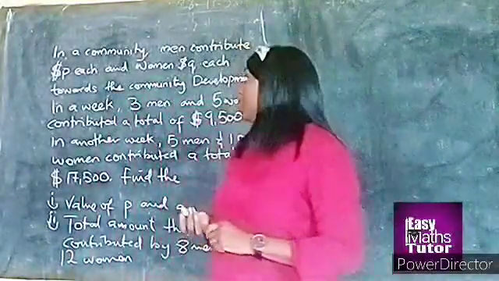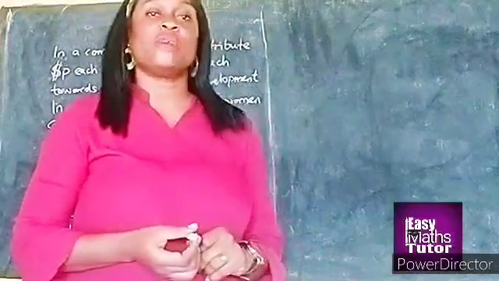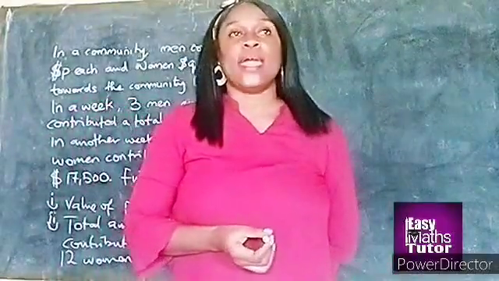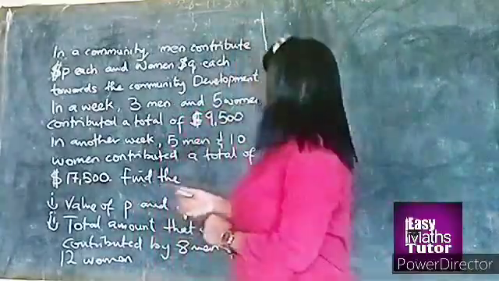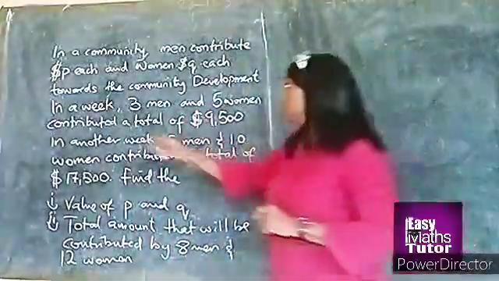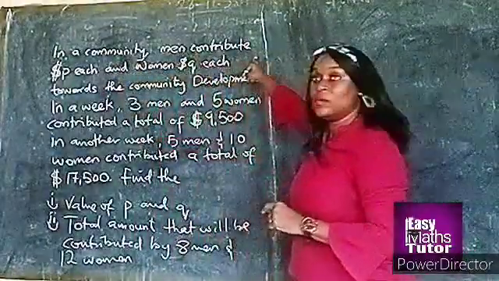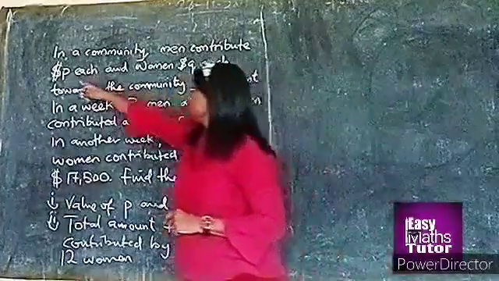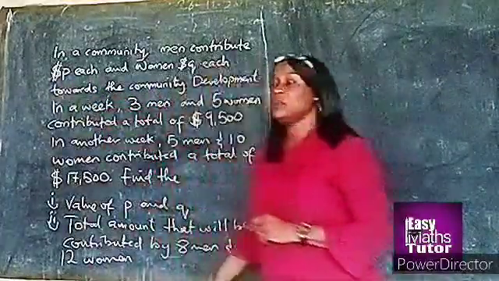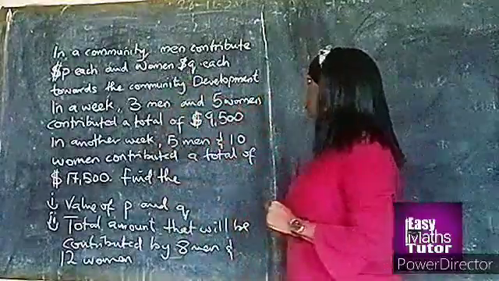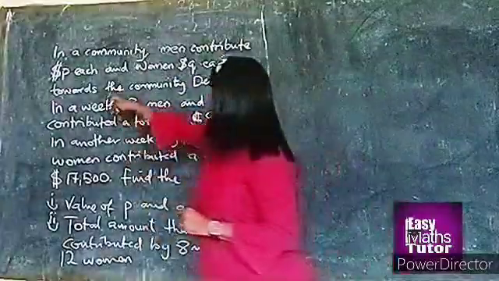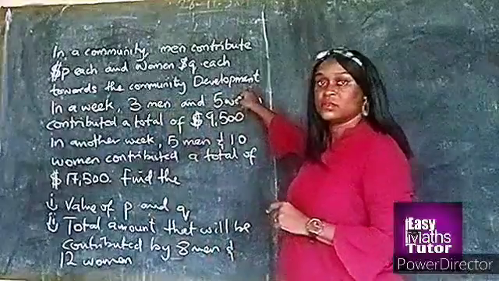This class is going to teach us a specific question on WAEC mathematics. The question says: in a community, men contribute $P each and women $Q each towards community development.